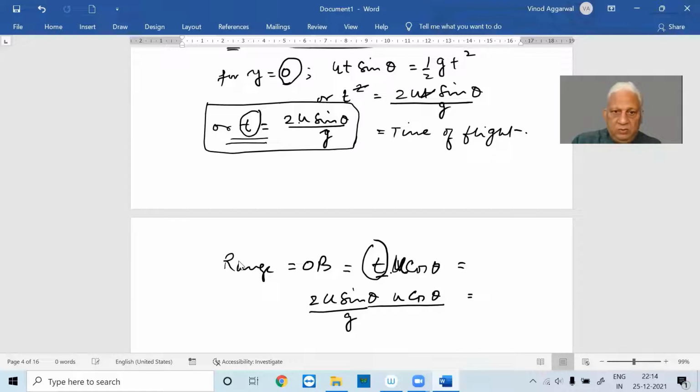This is equal to 2u square sin theta cos theta by g.